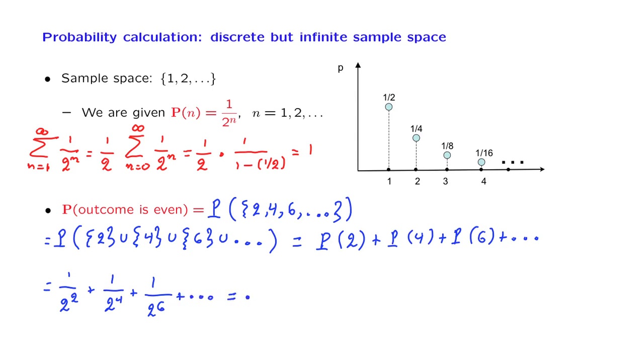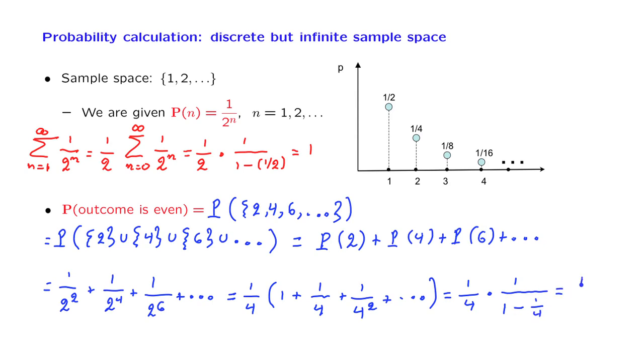Now you factor out a factor of 1/4, and what you're left with is 1 plus 1 over 2 to the second power, which is 1/4, plus 1 over 2 to the fourth power, which is the same as 1/4 to the second power, and so on. And now we have 1/4 times the infinite sum of a geometric series, which gives us 1 over 1 minus 1/4. And after you do the algebra, you obtain a numerical answer, which is equal to 1/3.